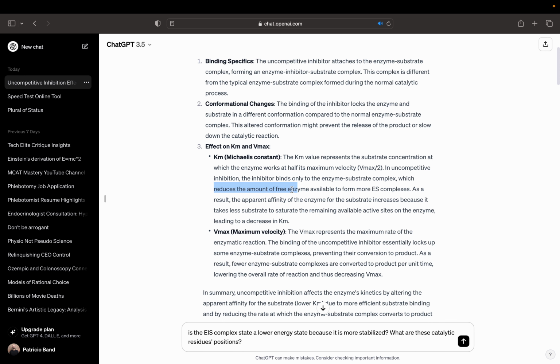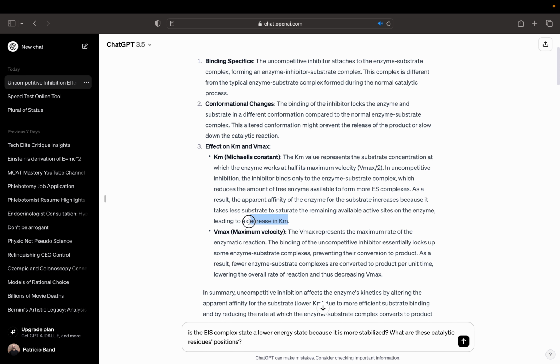The free enzyme being less available means that there's less free enzyme attracted to the substrate, which means that the Km should be increasing. However, as a result, the apparent affinity of the enzyme for the substrate increases because it takes less substrate, leading to a decrease in Km.